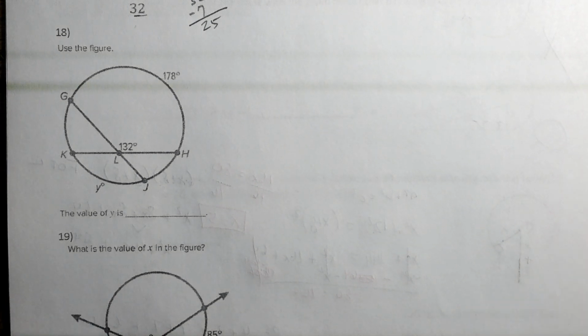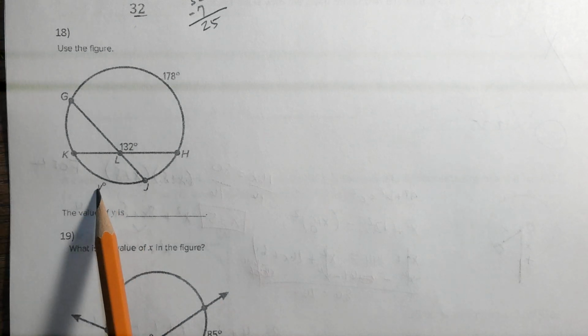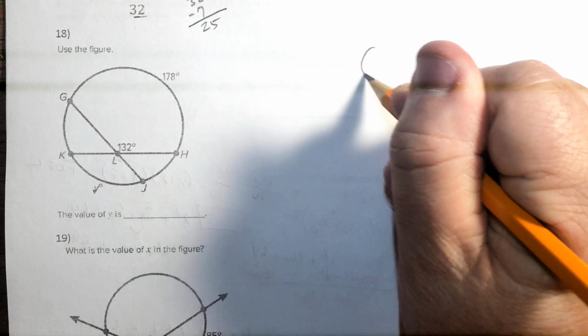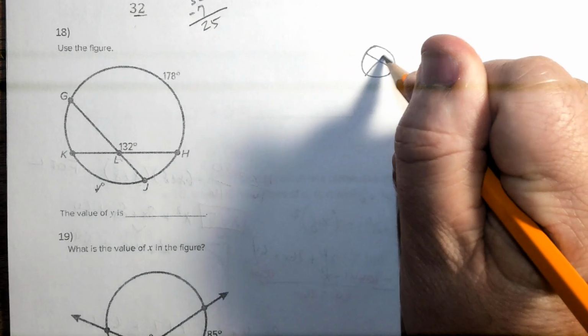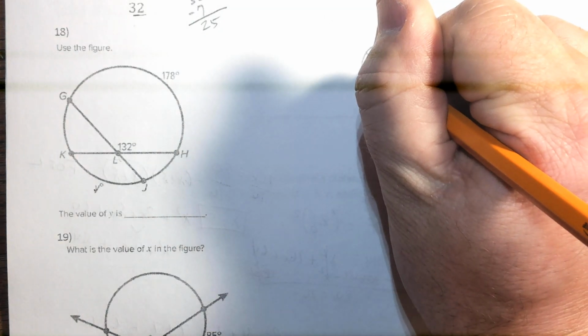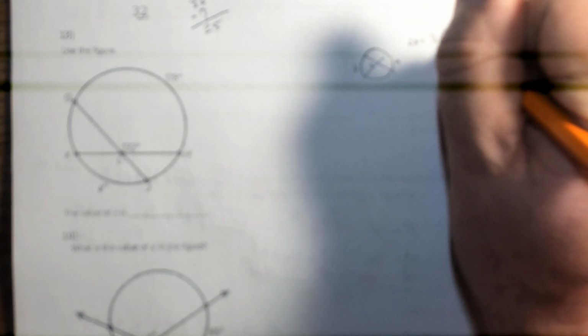Number 18. It wants to find y. Alright, so when we have inscribed angles, I'm going to write this here. So when the angles are inside the circle, the angle is 1/2 of these two arcs.